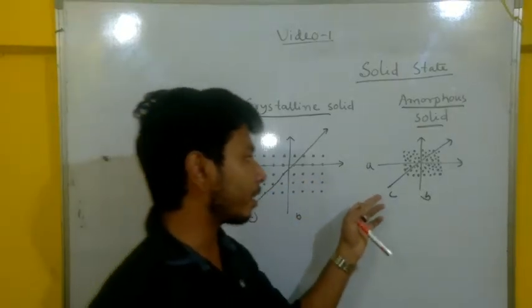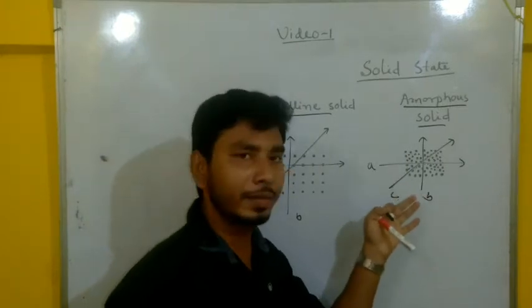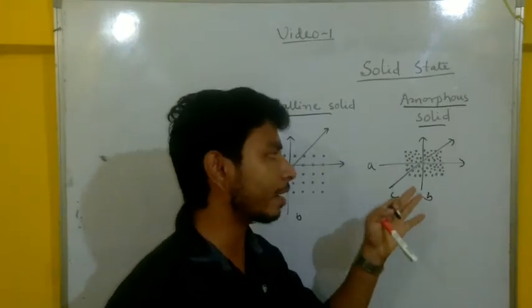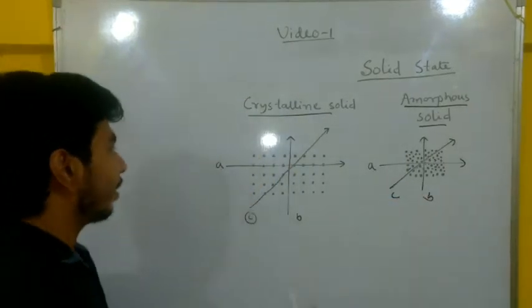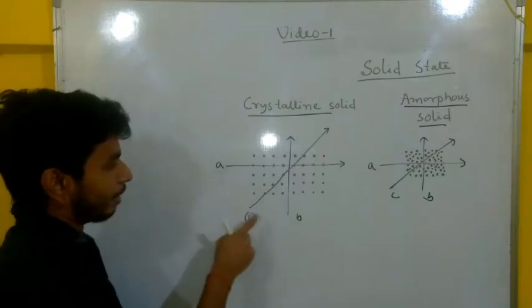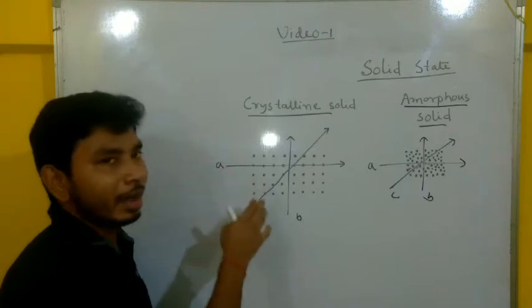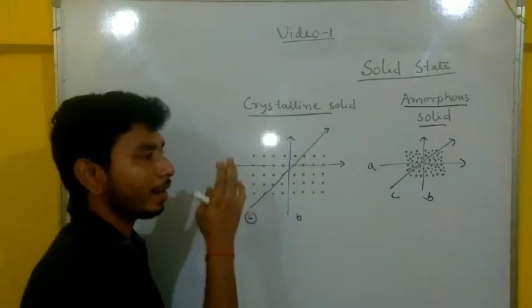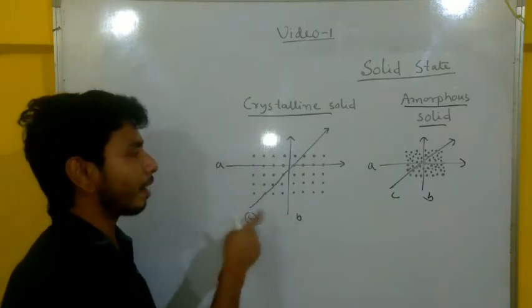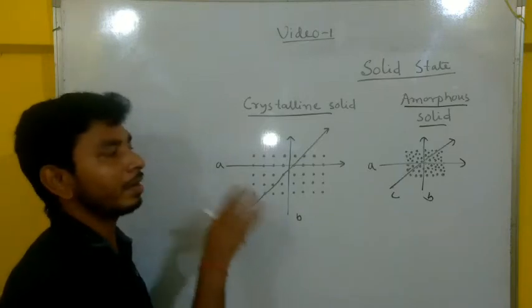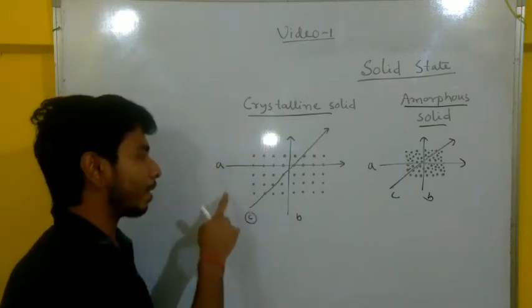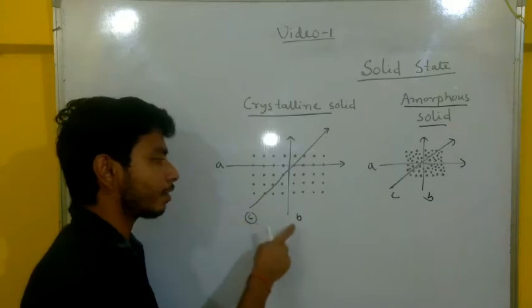But in amorphous solid, the number of particles in different directions is approximately the same. That's why here, in A, B, C, the number of particles is different. So if we measure different physical properties in different directions, the value will be different, because the number of particles in different directions is different.